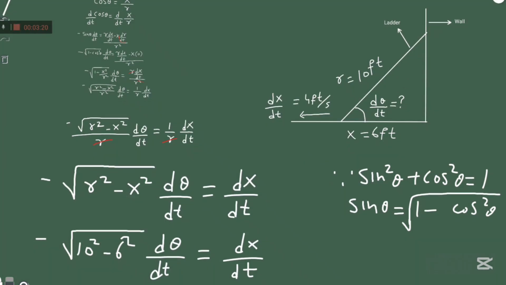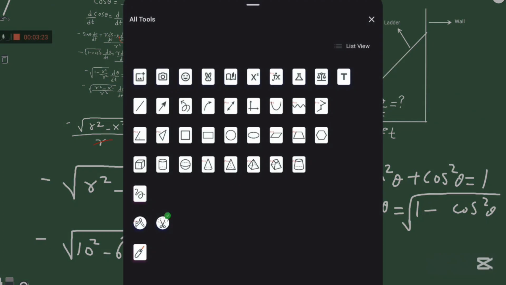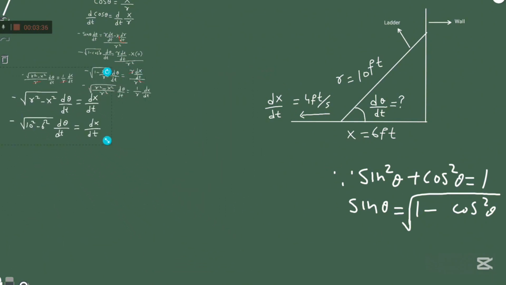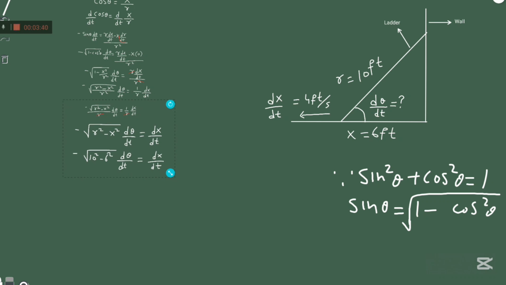So further we can write, this is actually minus 8 d theta by dt equal to dx over dt, which is given, that is 4.